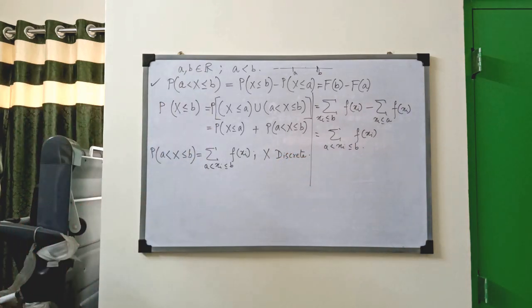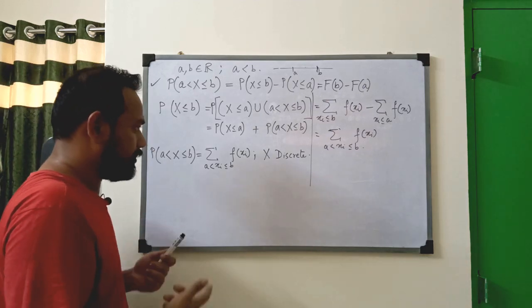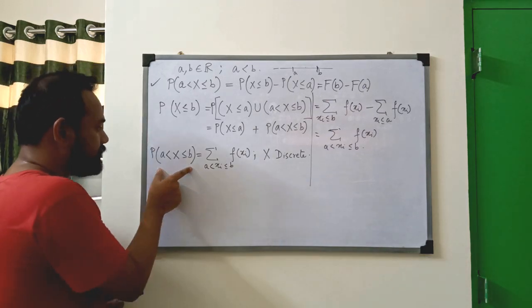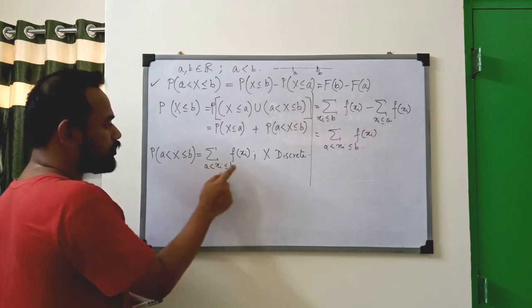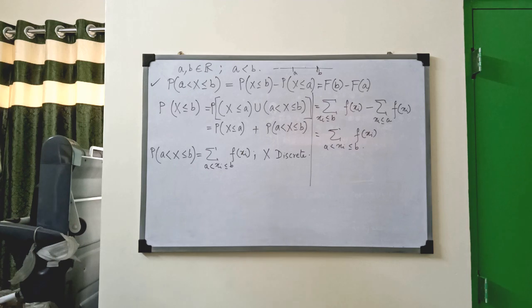Again, a very useful formula, because if you're given the PMF in a particular problem and you have to calculate this kind of probability, you just add the PMF at various spectral points ranging over this interval here.